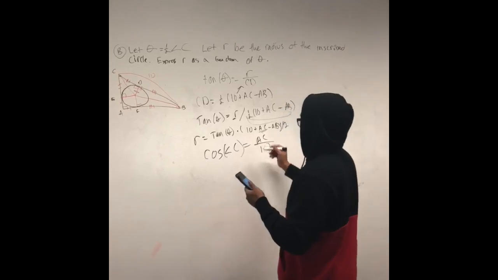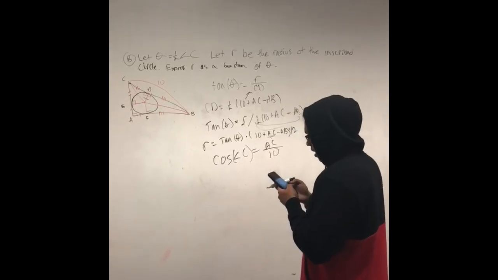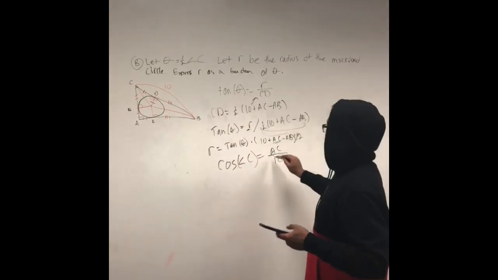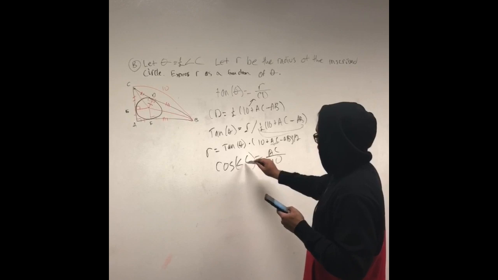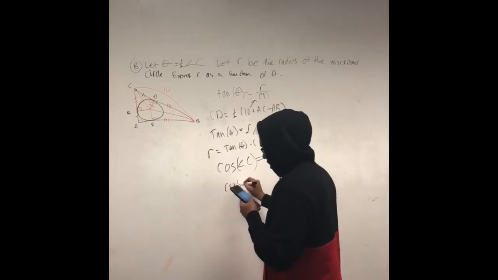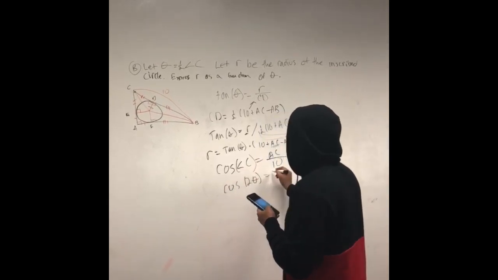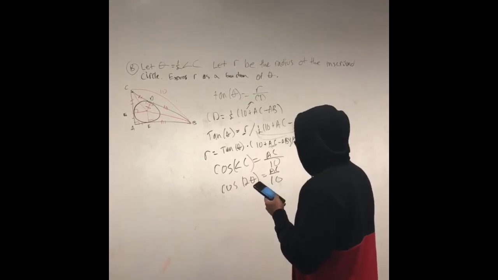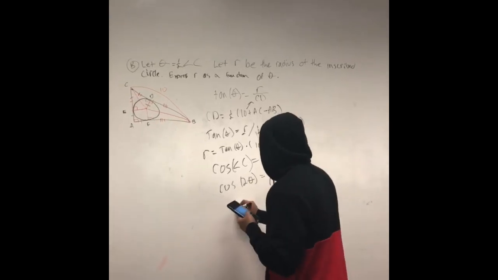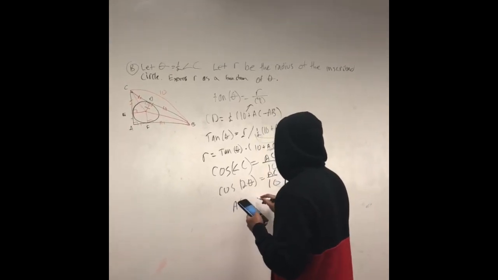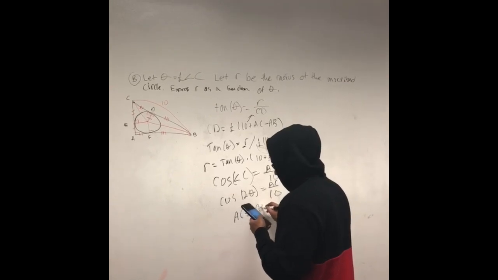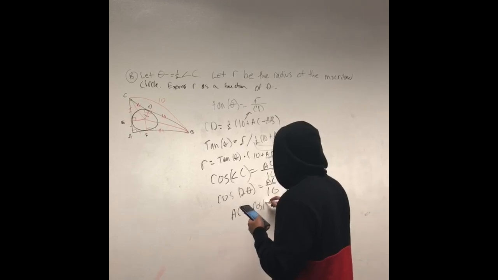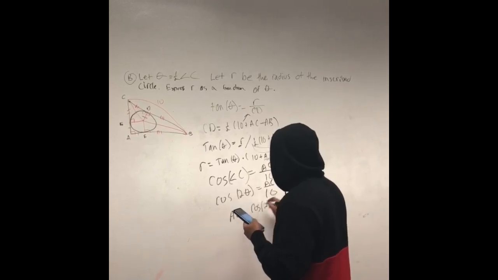And because theta is 1/2 of C, instead of being angle C, we could just say cosine of 2 theta is equal to AC over 10. And now we simply solve for AC by moving over the 10, so we get AC is equal to cosine of 2 theta times 10.